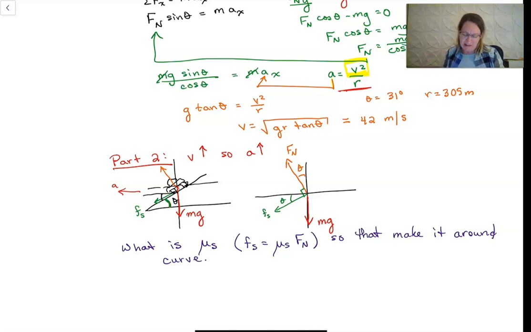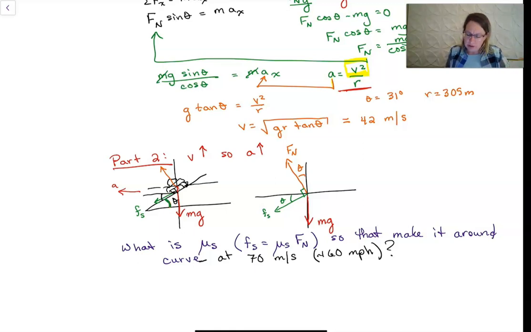So let's pick a number. I'm going to pick a number in this problem. Make it around the curve, let's say at, what did I use? 70 meters per second, which is about 157, 160 miles per hour. Okay? All right, so that's what we're going to find out to see if this is anything like a reasonable number.